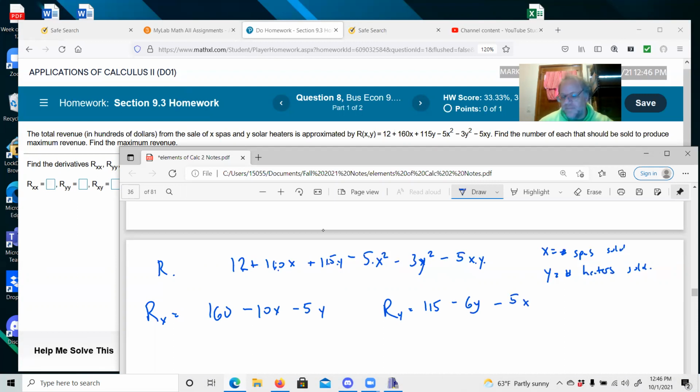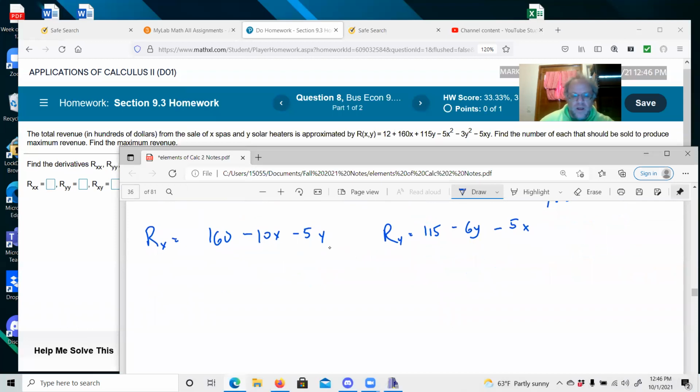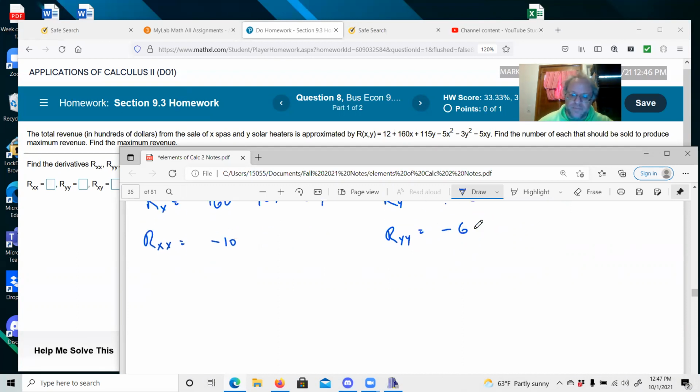Now Rxx: take this function and take its derivative, negative 10. Ryy: treat it as its own function and take the derivative with respect to y, negative 6. The other terms are 0 because they're considered constants as far as y is concerned.